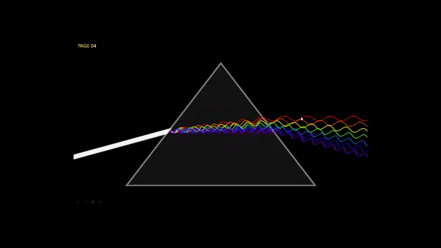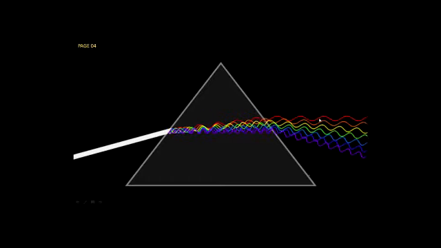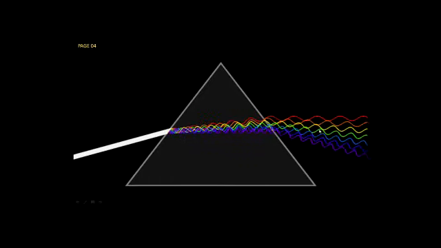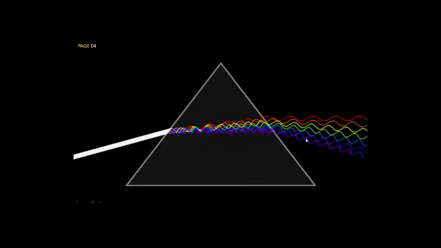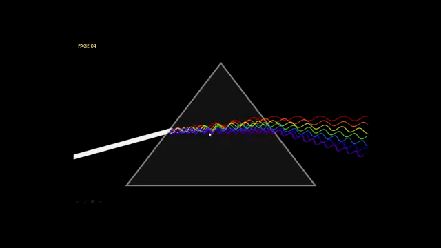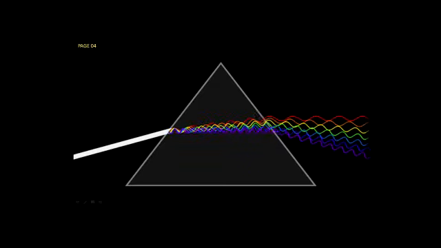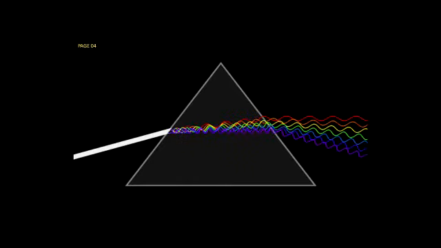So the red light is affected the least out of all these here. Then orange is affected more, yellows, greens, and we go into the blue light. They are affected a little bit more, so they're being slowed down more. Okay, just keep that concept in mind here. Maybe we're going to have time to analyze it a little bit further, but let's just keep going here.